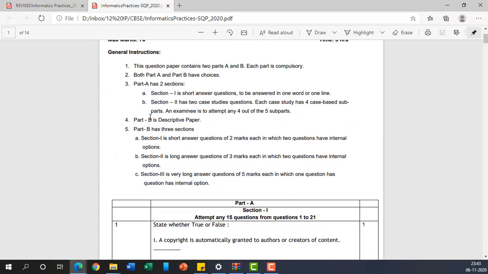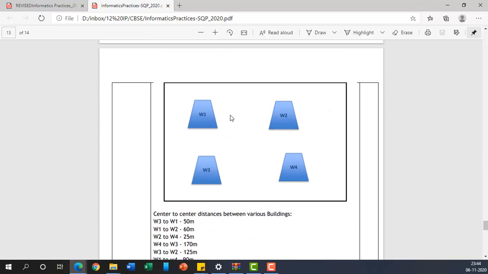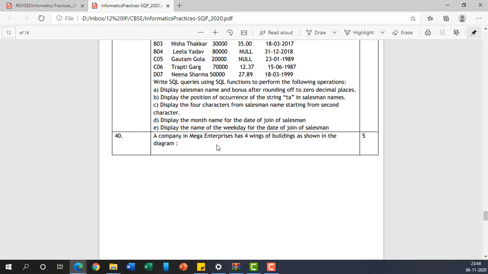When we go to see here, we have part B of 3 sections, especially section 3, a very long answer question, 5 marks each. One question has an internal option, so obviously you can go ahead with this, right? So you can simply focus on this so that it gives you 5 marks, right? And this is a really easy one.